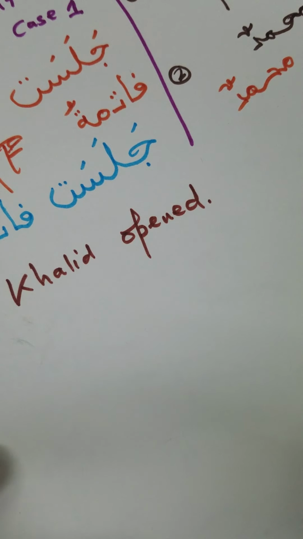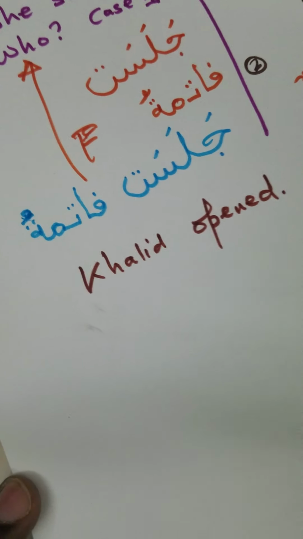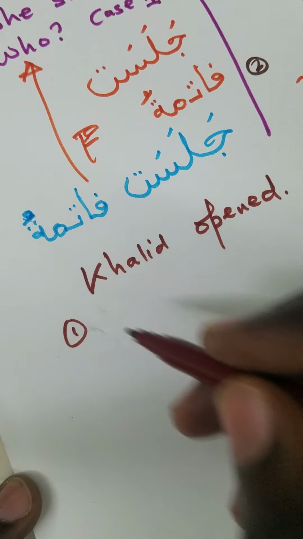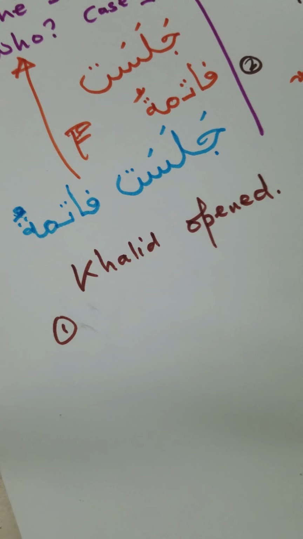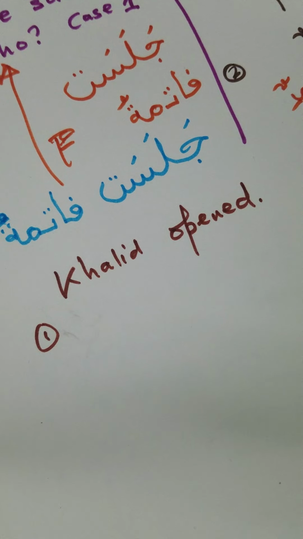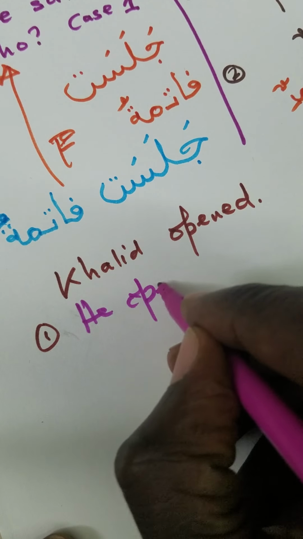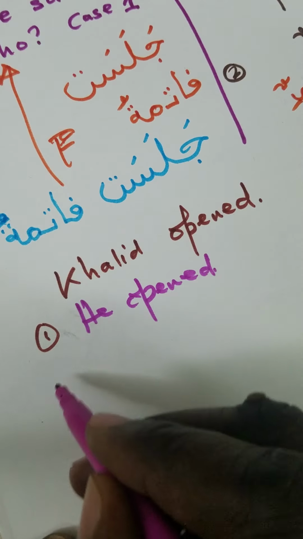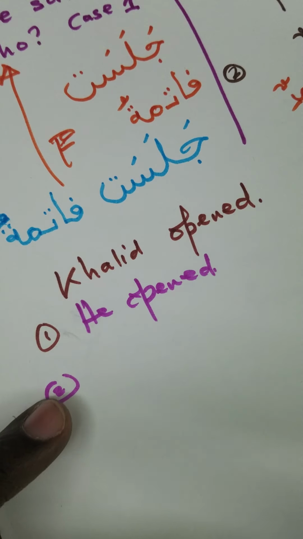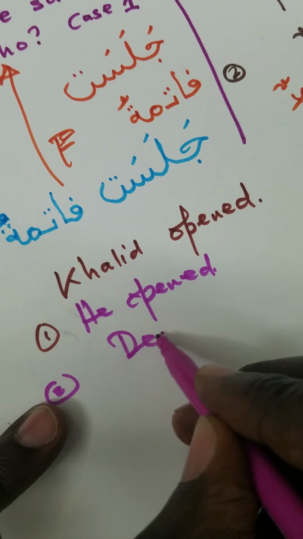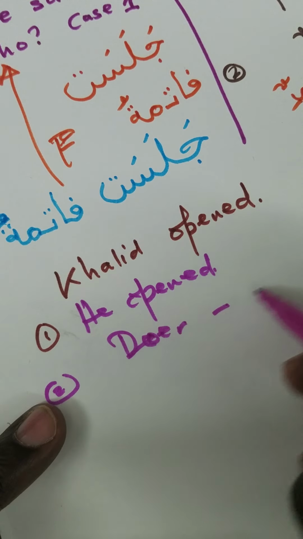First of all, you have to ask, number one, in our step-by-step approach, he opened. You say, this guy told us that when I get to this stage, I have to first say, Khalid is a man. Therefore, the first step is he opened. Then two, I'll think of who did the action, the doer, and give his name in case one.